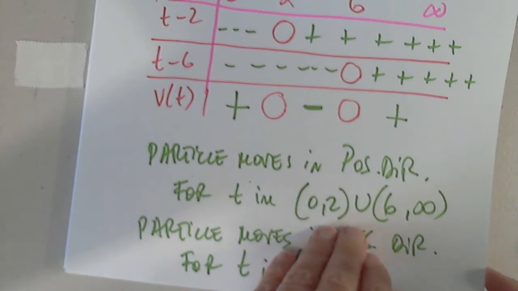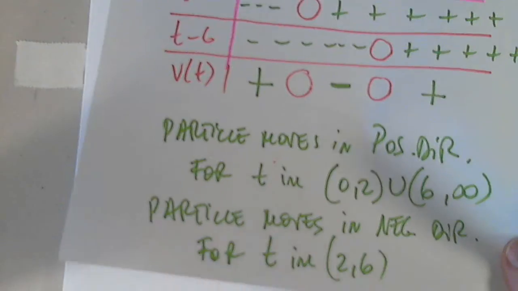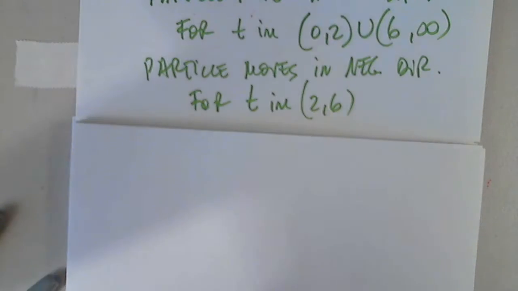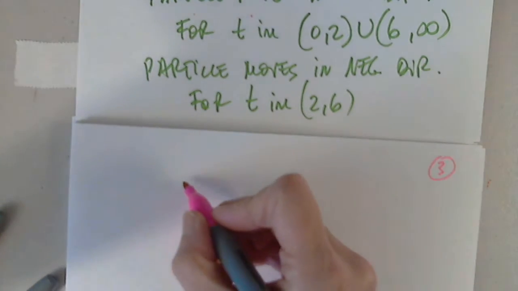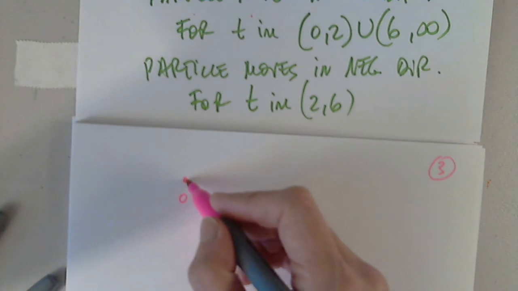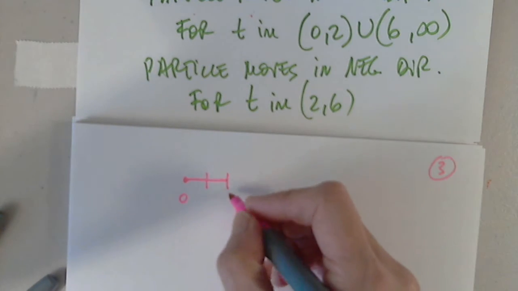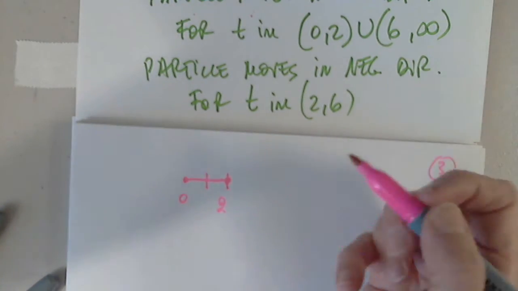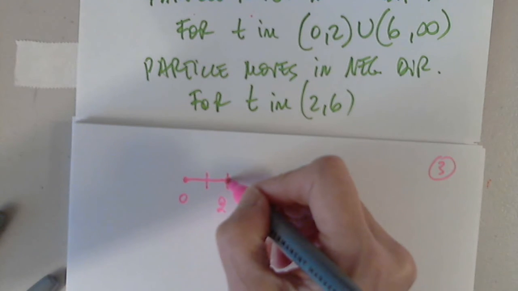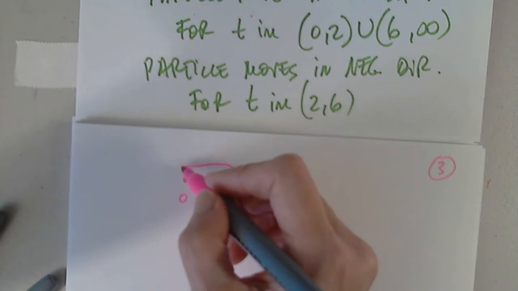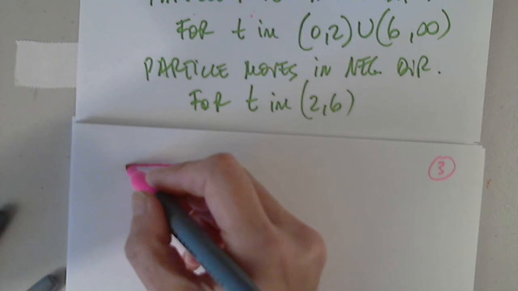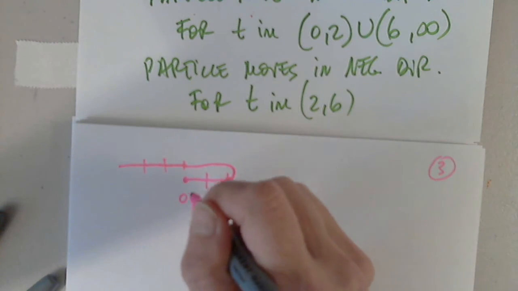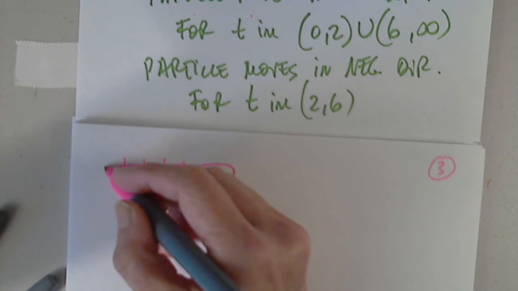So basically what the particle is doing, according to our discovery, is this. Starts at 0, goes to the right 2 seconds, right here, 2, then turns around and moves to the left. 1, 2, 3, 4, 5, 6.